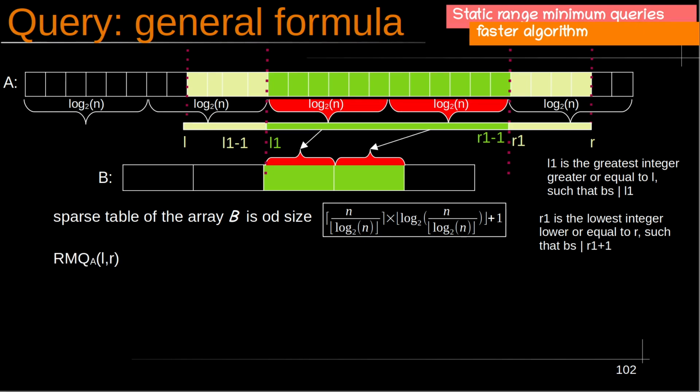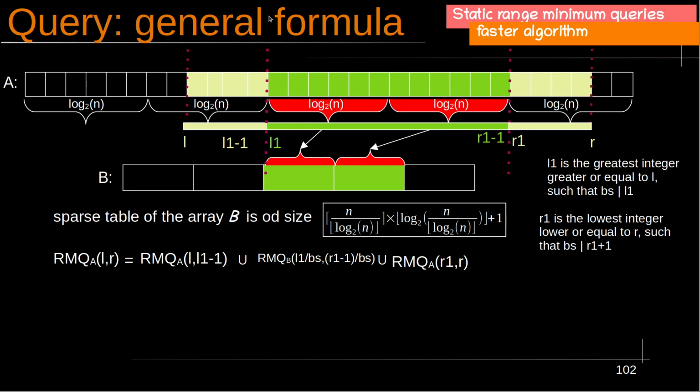And you can say that the range minimum query in the array A from L to R is equal to the range minimum query on the original array A from L to L1 minus 1, union the range minimum query on the array of blocks B from L1 over Bs to R1 minus 1 over Bs, union the range minimum query on the original array A from R1 to R. You ask now, what are L1 and R1?